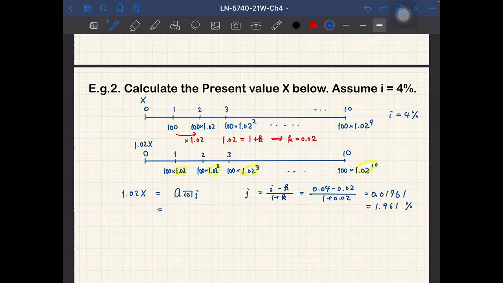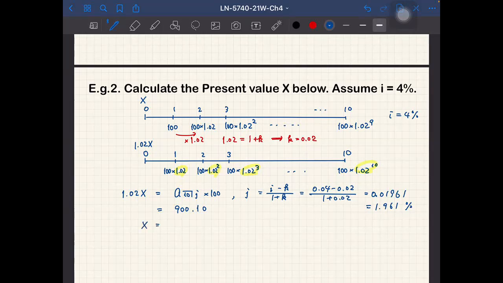So this is equal to 100 times a right angle 10 at 1.961%. So this becomes 900.1. So what is x?